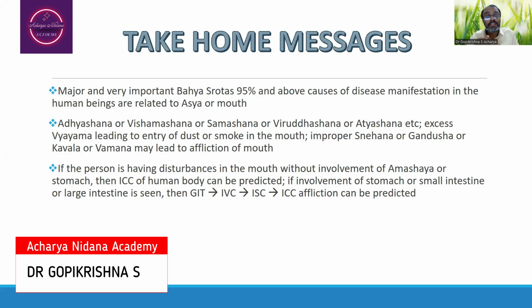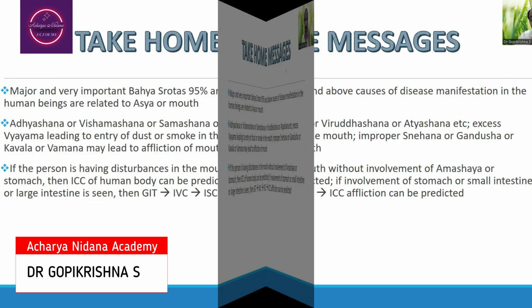From there, these inflammatory markers or pathogens enter into the cells. Thus the Nija Vikara gets manifested, where the dosha or pathogens move from Koshtha to Shakha, or Koshtha to Madhyama Roga Marga, or Koshtha to Marma, Asthi or Sandhi.